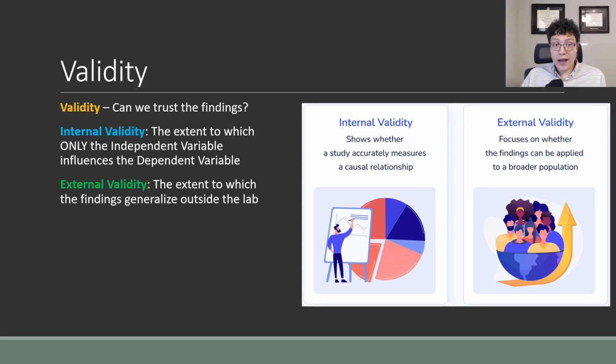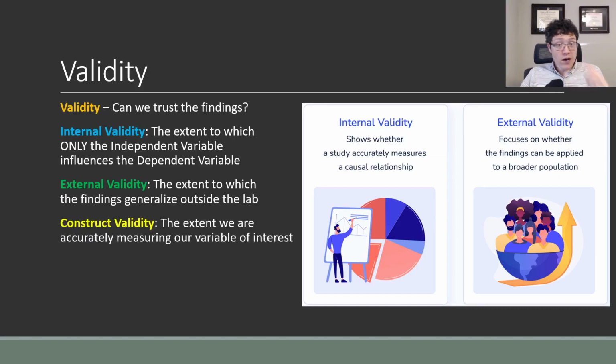Can we trust these findings, to the extent of internal validity? So, are our measurements, our questions, our variables the ones that are affecting this? And external validity, or generalizability. Does this go not just to the group of people that we're studying, but does this finding generalize to everybody in the world?